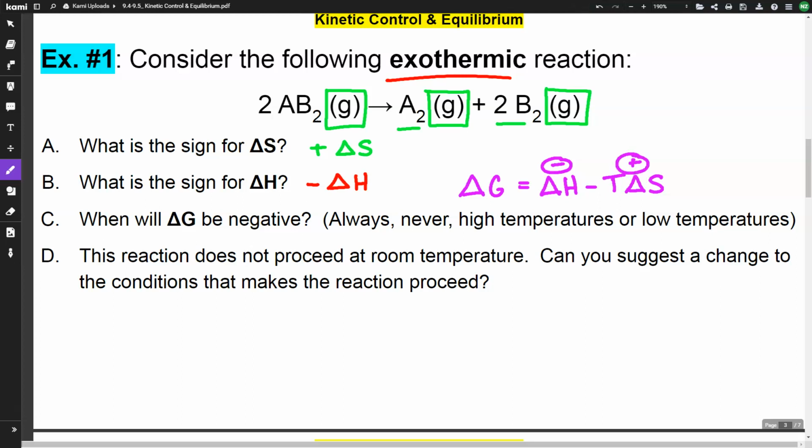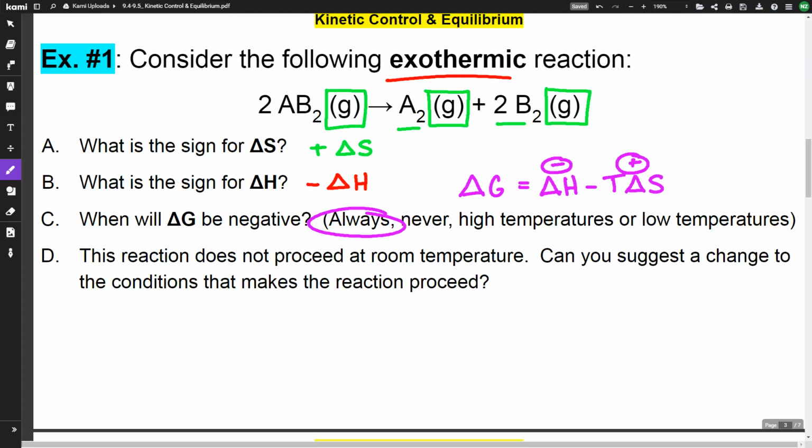So if I have a negative number and I'm subtracting a positive number, that means that my negative number is just going to get more negative. So when will delta G be negative? Always. There's no way it can be positive in this scenario.